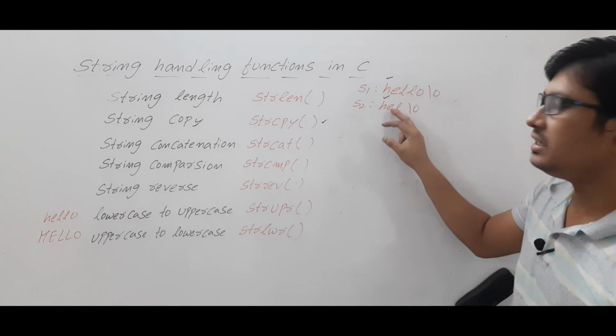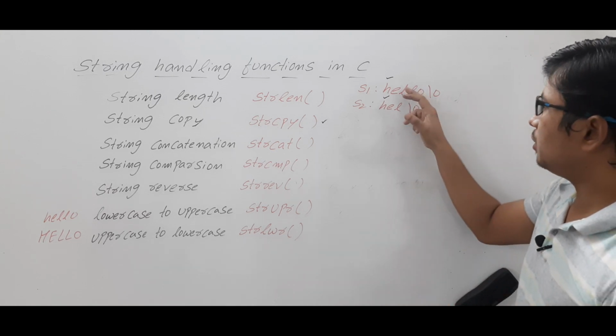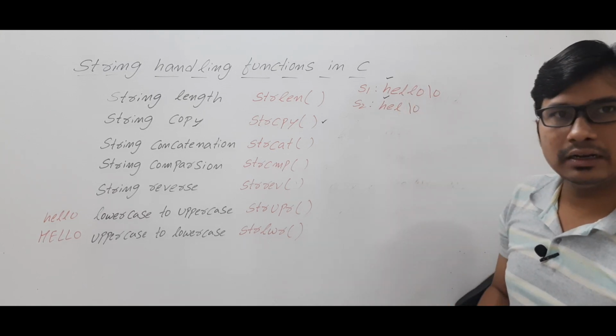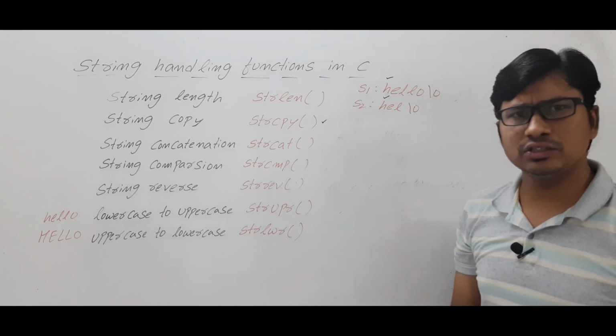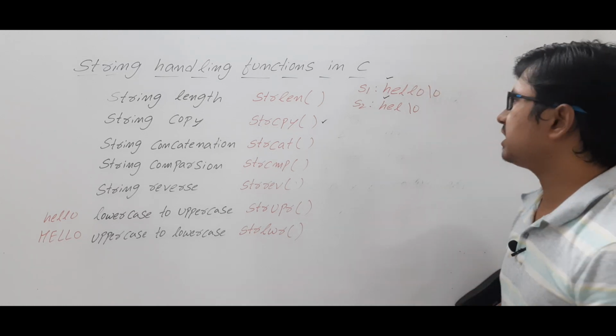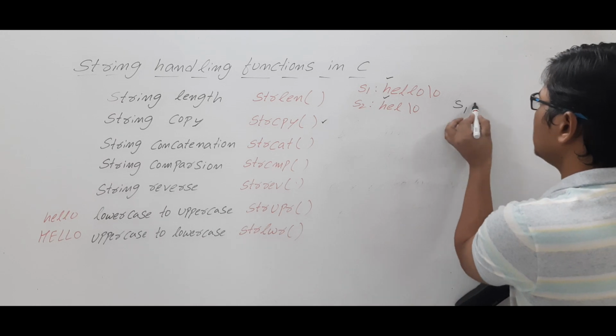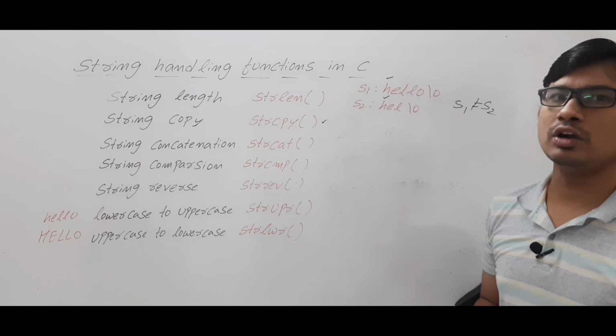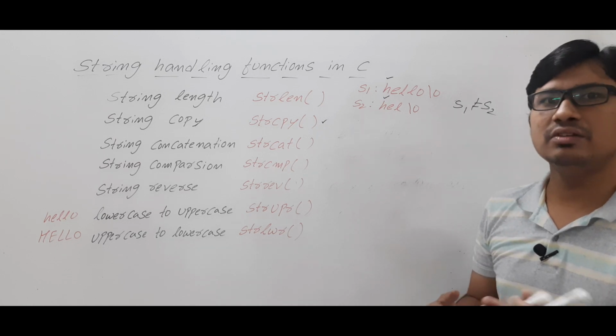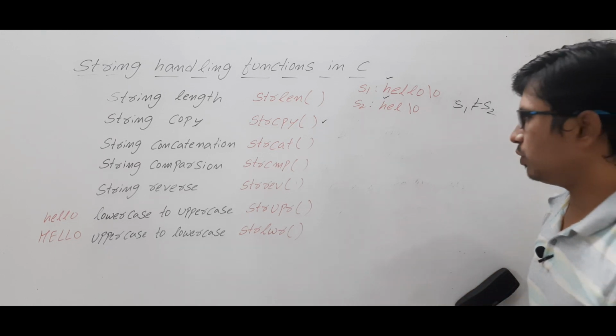Now here E, here E, again same. Now again it will check L and L, again same. Then it will check L and backslash 0. Is L and backslash 0 same? No. Then we can say that S1 is not equal to S2, or I can say that string 1 is not matching with the string 2. This is the way the string comparison will work.